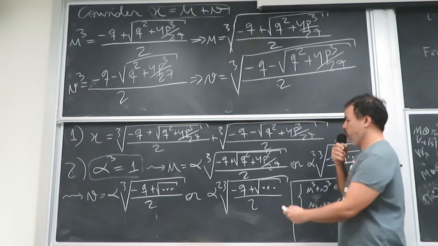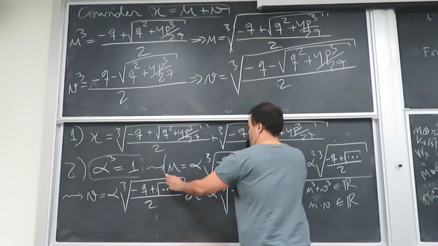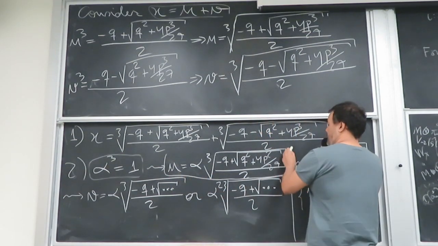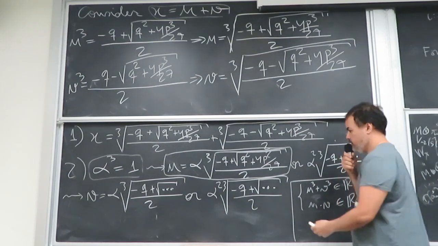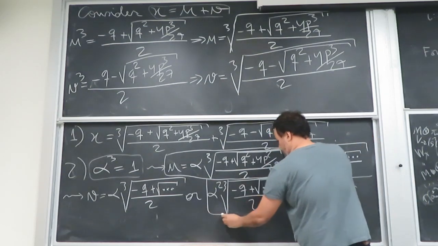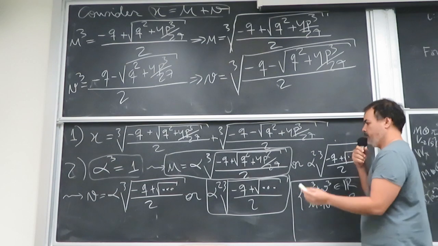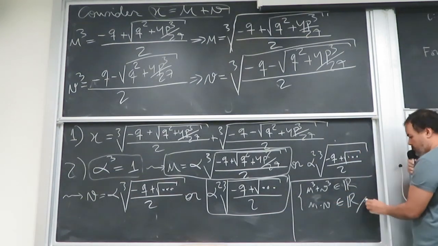So if we choose these to be part of the solution, then necessarily the v that you choose is this one, because the product has to be in the reals.